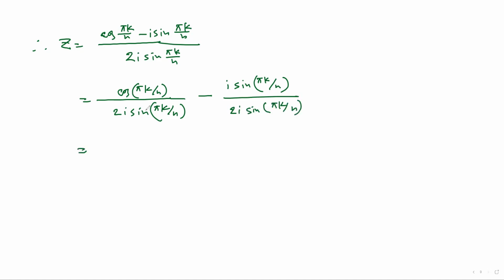Simplify to get, here cos by sine is cot, and 1 over I is simply minus I. You can see that by multiplying I on both top and bottom. So I square is minus 1.